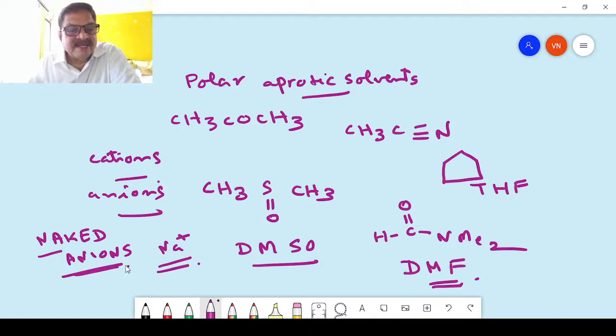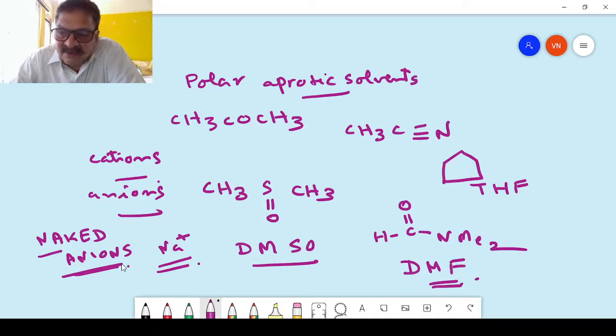These anions are often called naked anions, because they are not bound by tight interactions with the solvent molecules.